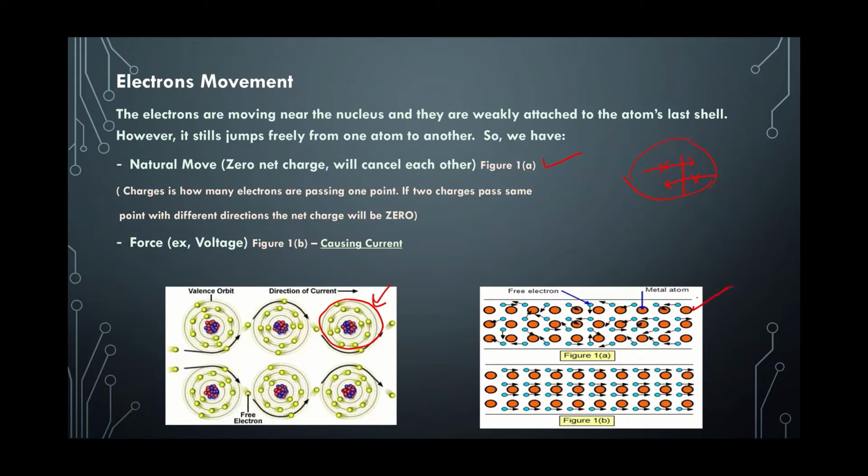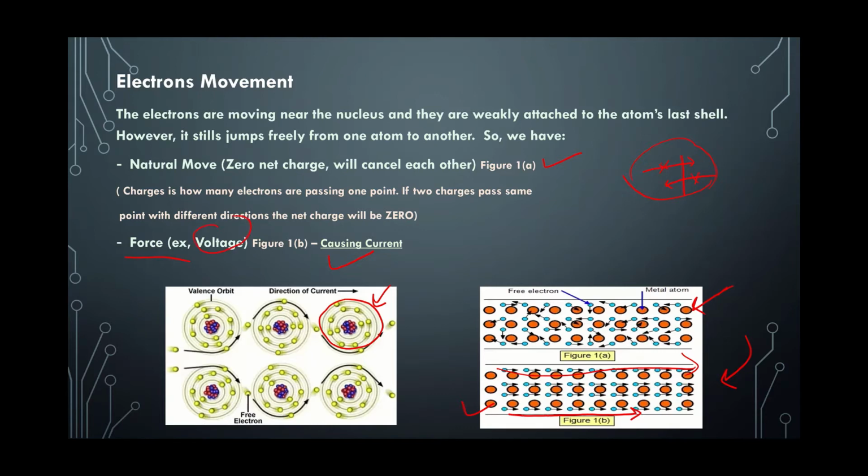While if we apply a force on these electrons to move them, it will have an organized movement in one direction, and this is what we call the current. When we force the electrons to move in one direction, we cause an electric current, and that's what defines electricity.